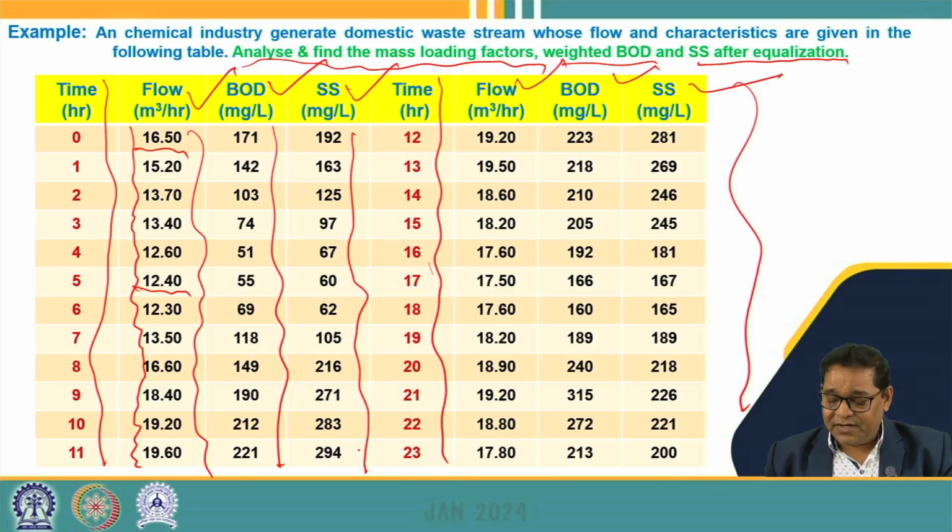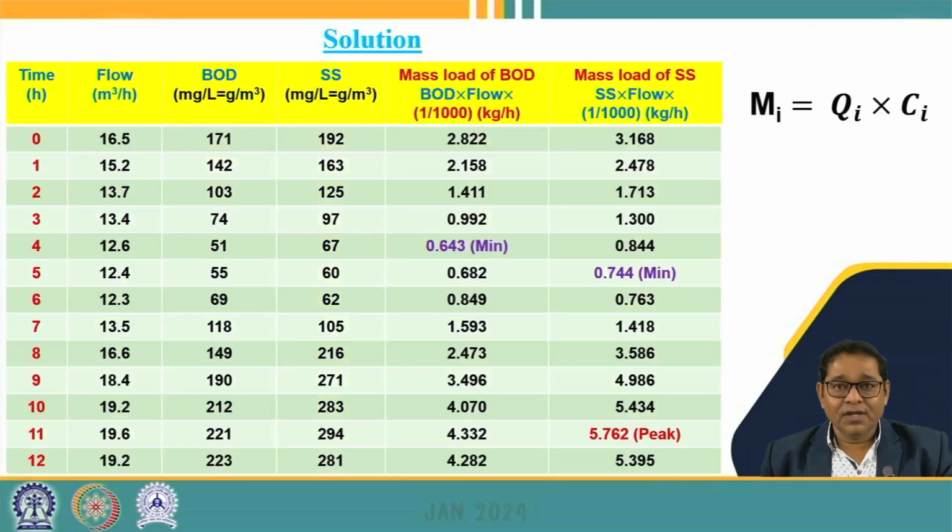This variation causes differences in the mass loading rate that reaches the equalization tank. So what we try to do here is to equalize the flow and the concentration, so as to achieve a more uniform characteristic and more equalized loading rate for the next treatment system, so that they can perform efficiently. This is the solution of the given problem.